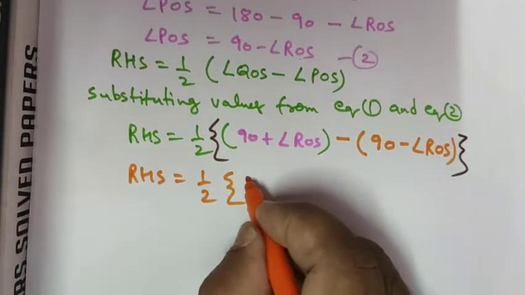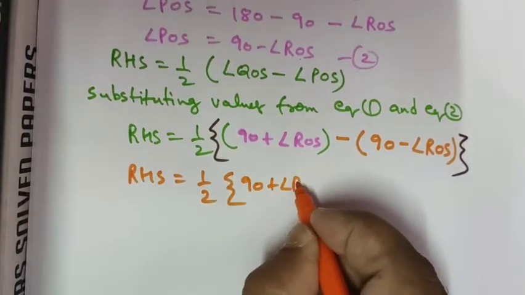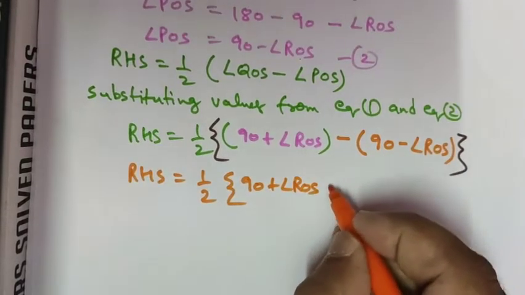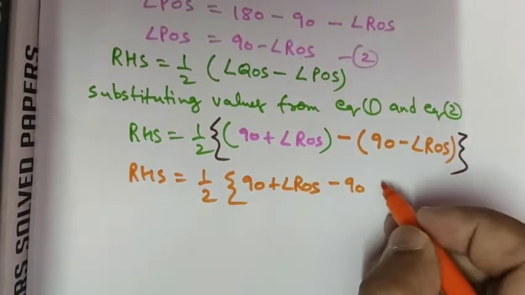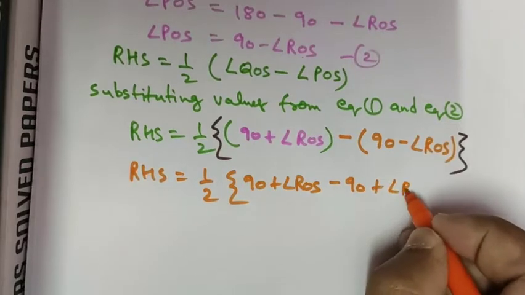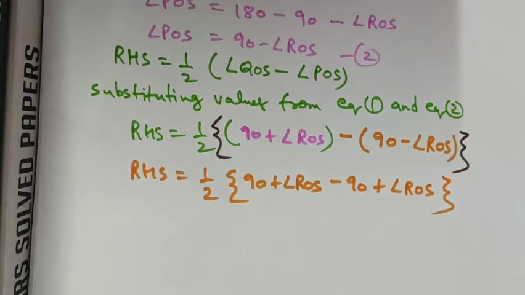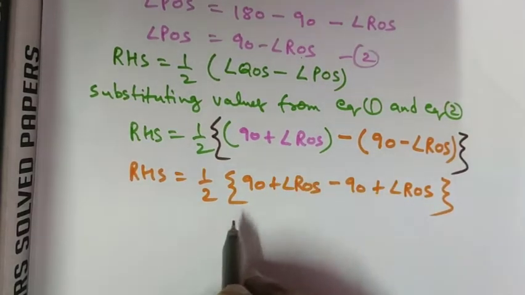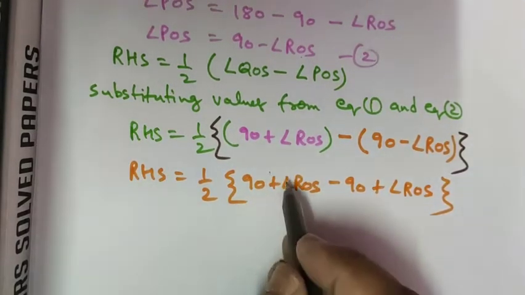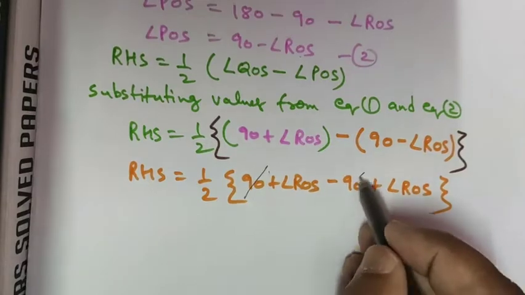Now we will open the bracket: 90 plus angle ROS minus 90, minus multiplied by minus will be plus angle ROS. Okay, now this plus 90 and minus 90 will cancel out.